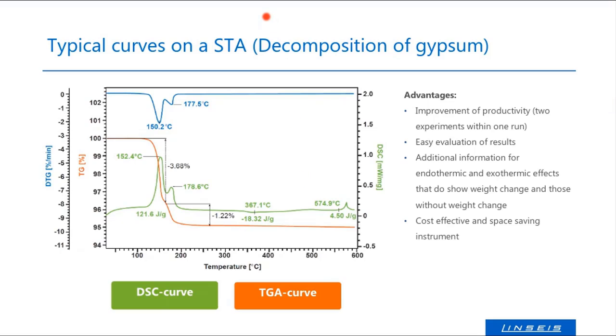The typical thing that STA does is it measures weight change, and simultaneously it measures the DSC, the caloric signal of a sample. The orange curve here shows you the mass change or the mass loss of a sample that was just decomposed.